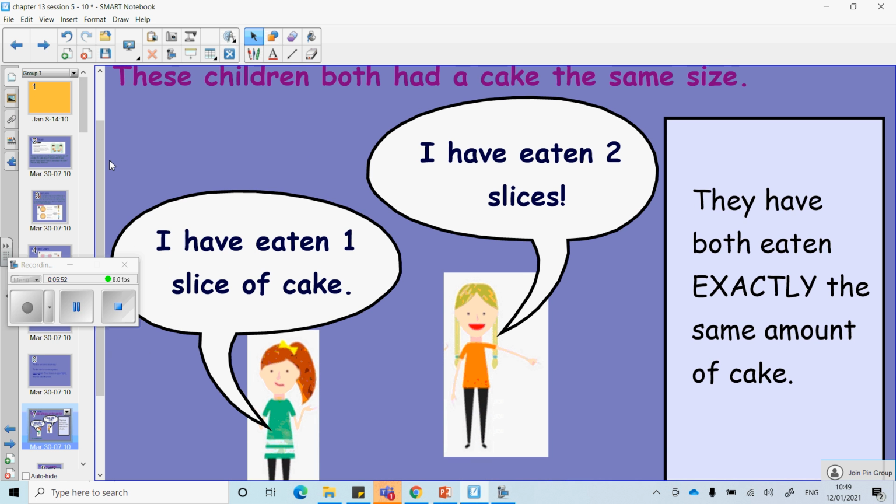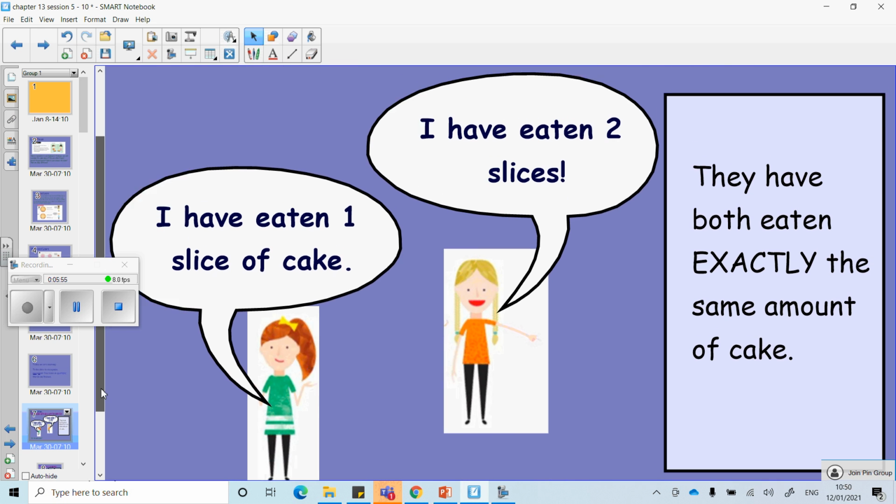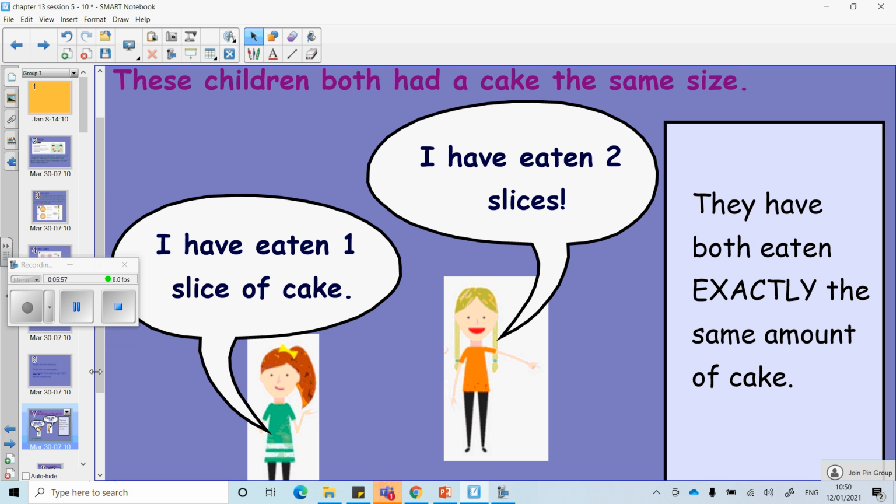Now I've got 2 other children here, and they have had a cake the same size. This young lady says, I have eaten 1 slice of cake, and the other lady says, I have eaten 2 slices, but they have both eaten exactly the same amount of cake.